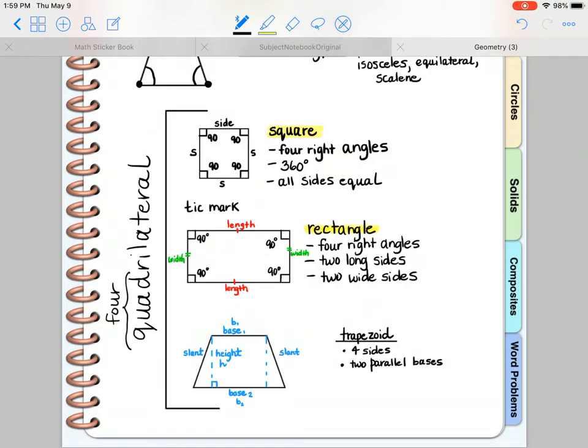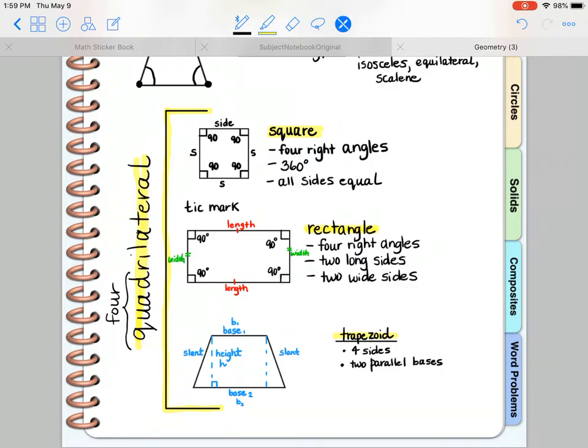Square, rectangle, trapezoid, those are all quads because they have 4 sides. And that's why I grouped them in this family. So another definition that you need to know is the definition of quadrilateral. And that whole family is here. And there are others. I've just shown you 3 of them here.